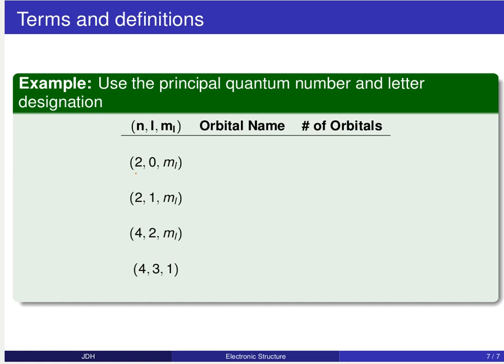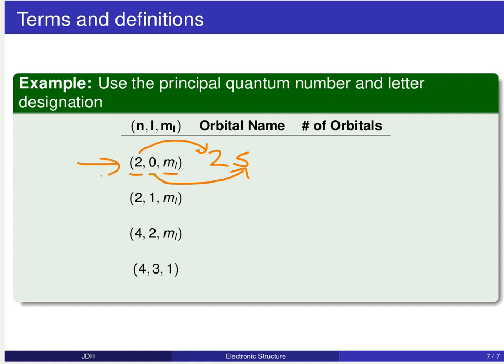The first one I have here has a principal quantum number n equals 2, L equals 0, and m sub L. The orbital name uses that principal quantum number, carries it over, in this case 2, and then includes the letter designation that corresponds to the given value of L. In this case, it's 0. L is 0, which corresponds to an s orbital. So we're going to call this orbital with this specific set of 3 quantum numbers a 2s orbital.